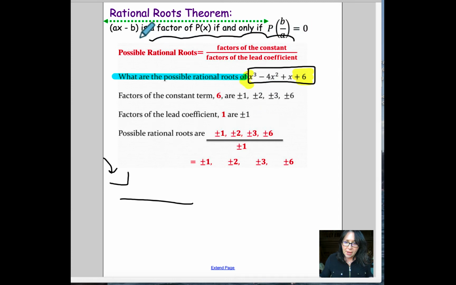So this is the little formula right here. The possible roots are the factors divided by the lead coefficient factors, okay? So that would be 1 over 1, 2 over 1, 3 over 1, and 6 over 1, which is just all of these values.